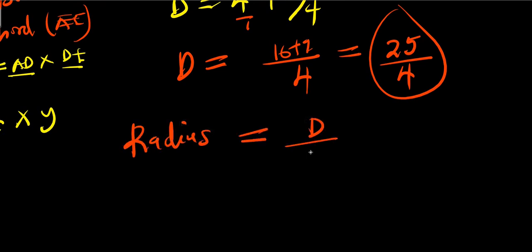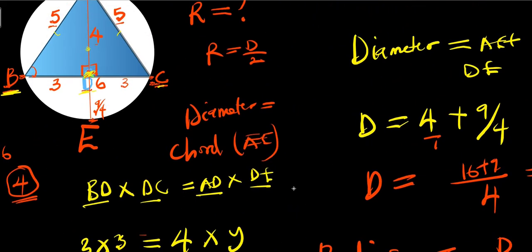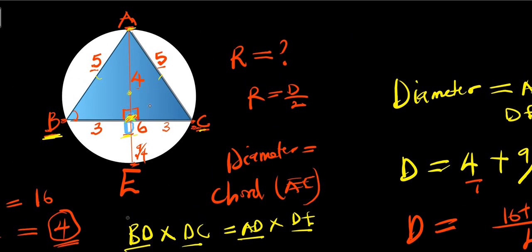Now to have the radius equals diameter over 2, because a diameter is a line that connects this circumference of the circle to this other circumference of the circle, but it must pass through the center of the circle.